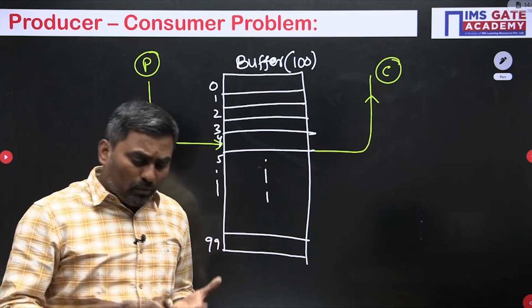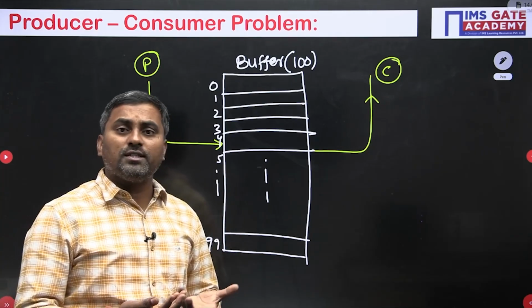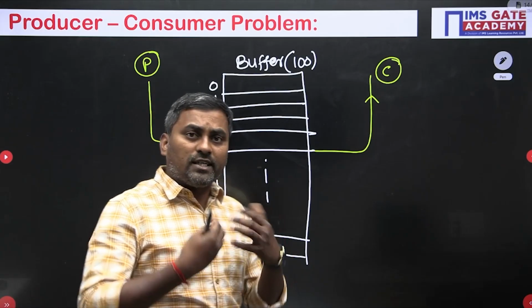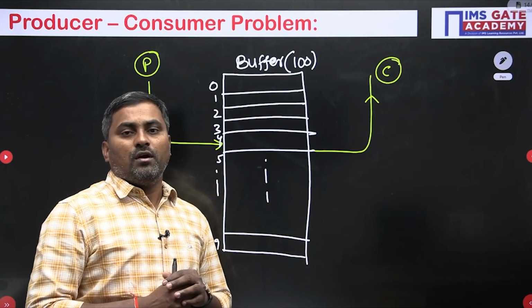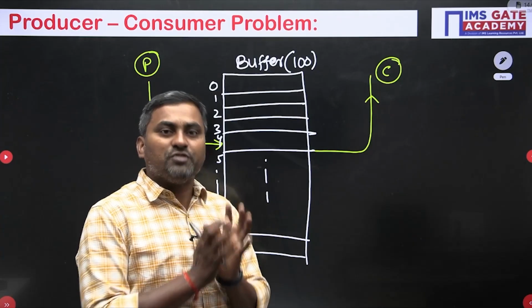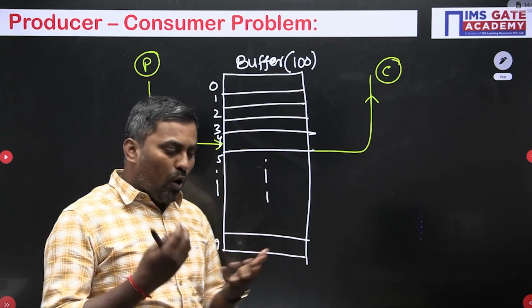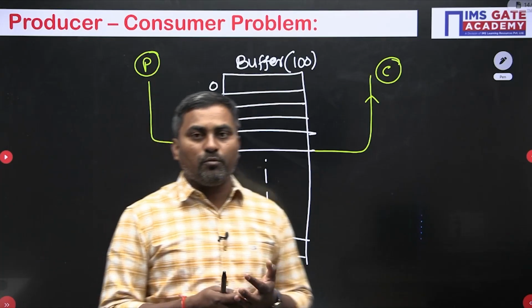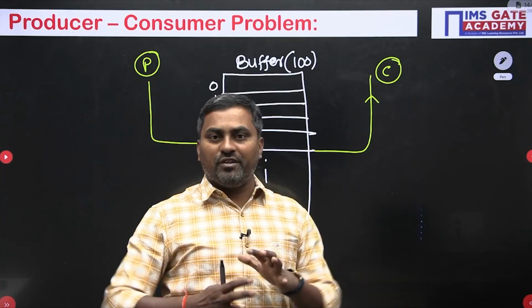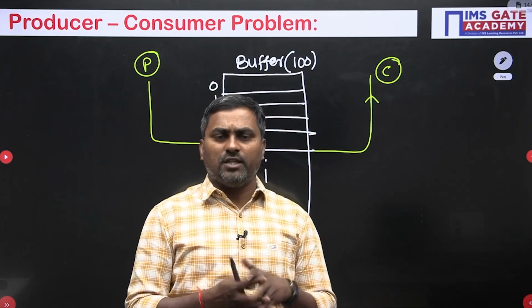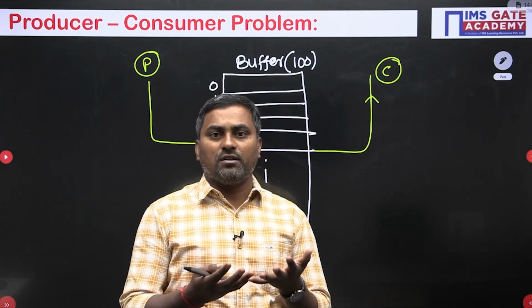So what is the problem statement here? The producer is a process producing or creating information, which is placed in the buffer. The consumer is another process which takes the information from the buffer and consumes it. How to understand this? You can treat it like compiler phases, lexical analysis, syntax analysis, parser and semantic analysis.